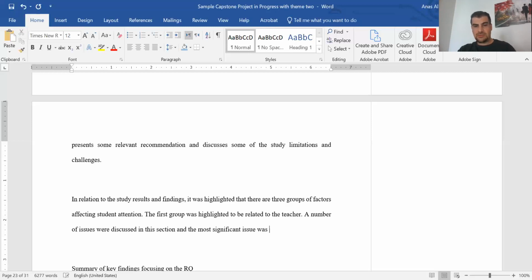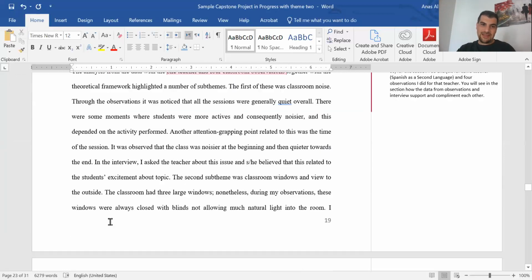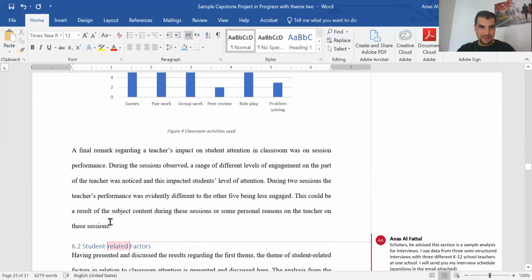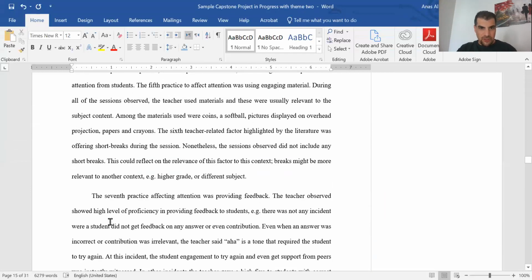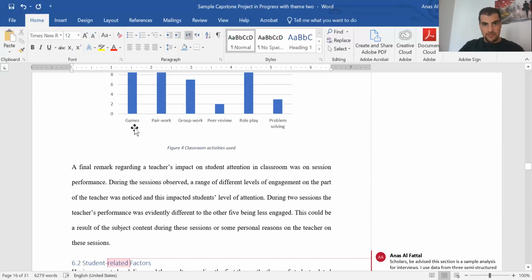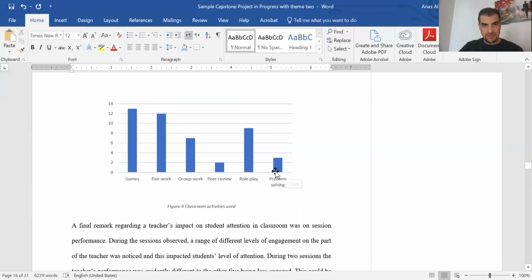issue was, let me try to remember. See, that's why, guys, I was saying you need to read your discussion carefully before you start writing. So I'm trying to remember what the factors were. So there were games, pair work, group work, peer review, role play, problem solving.